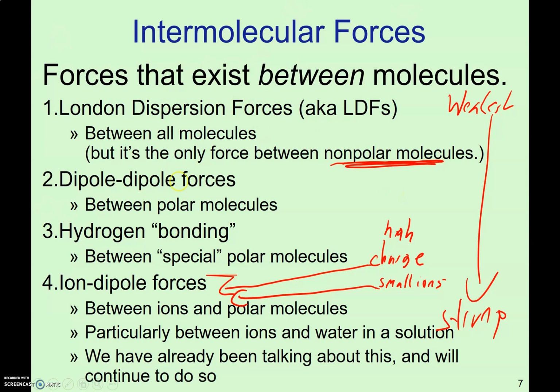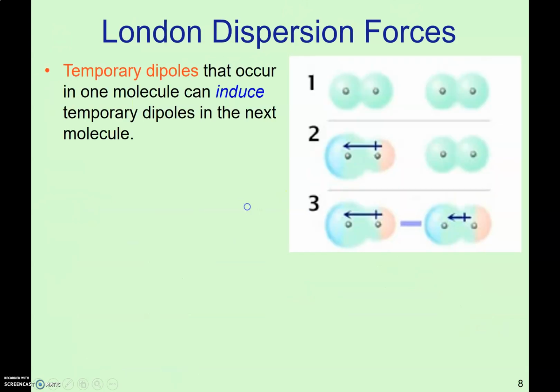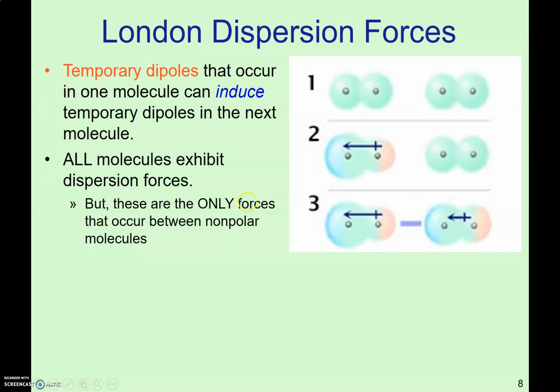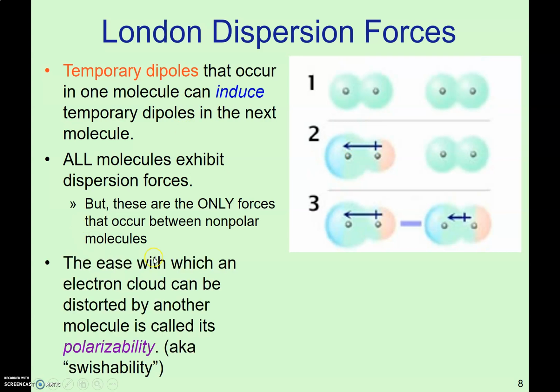Now we're going to go through each of these types of intermolecular forces. In London Dispersion Forces, these are nonpolar molecules, so there are no charges. But what can happen is that a molecule can have a temporary dipole induced in it, either by electrons running into each other in the molecule for a second, or by another molecule. All molecules have London Dispersion Forces.